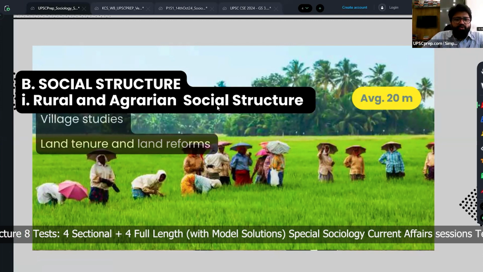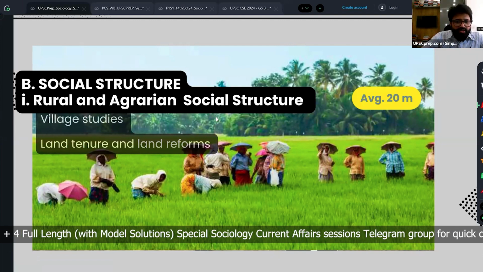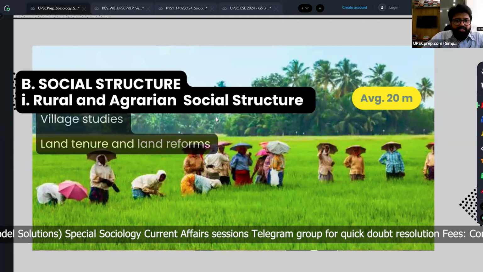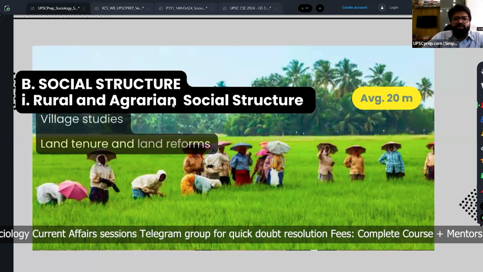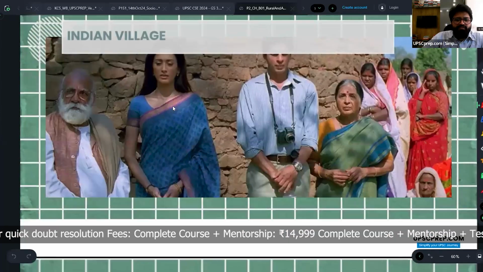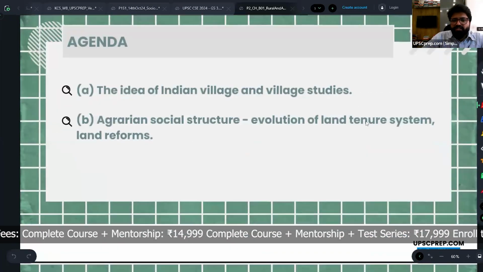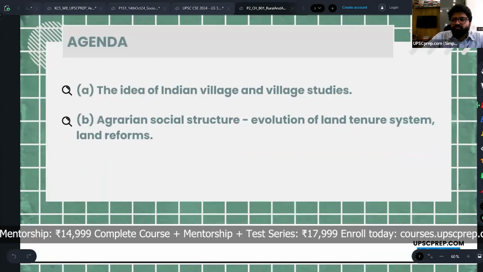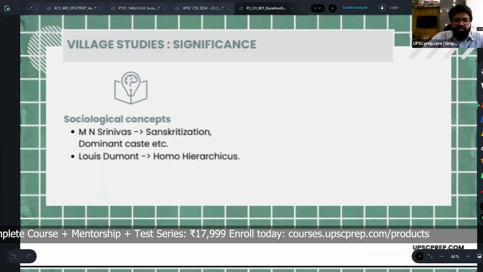Okay, so आपका rural and agrarian social structure है. Okay, तो यहाँ पे देखिए. And what we're going to discuss in terms of land reforms, land tenure, land reform.